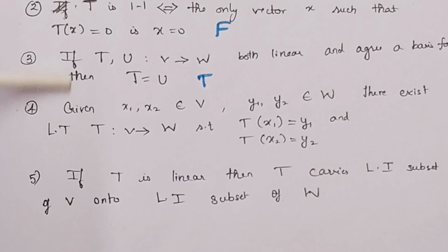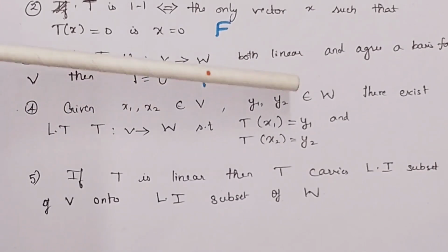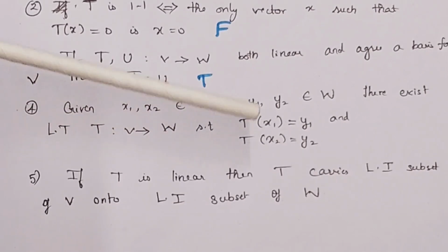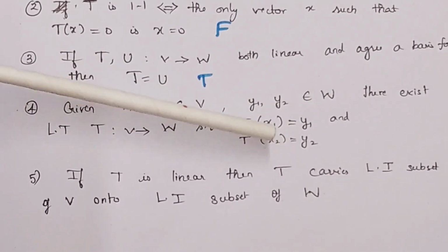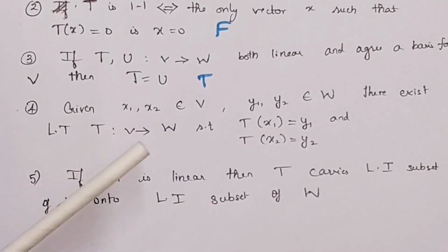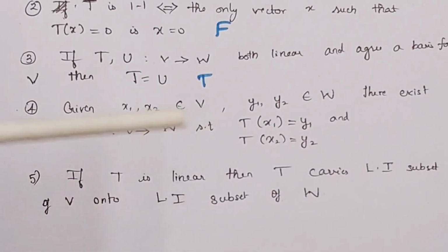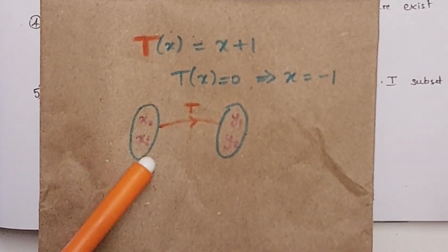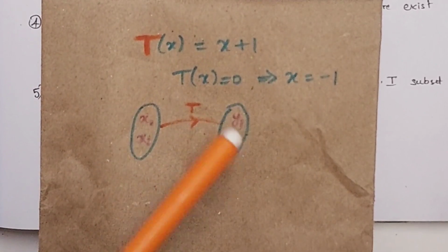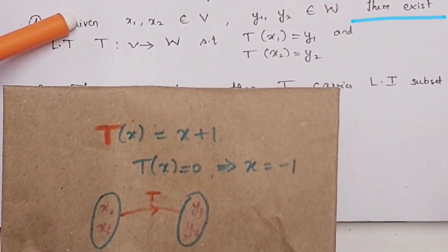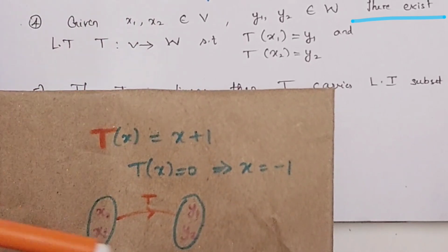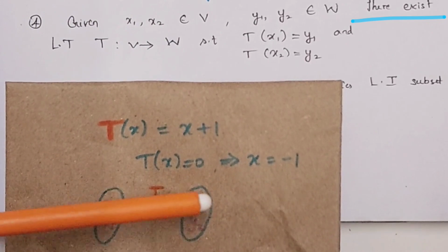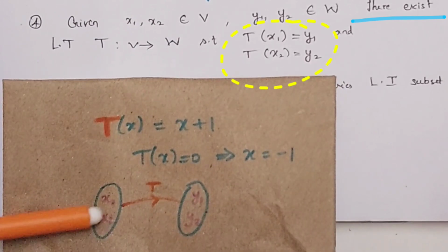Now the other question: given h1 and h2 belonging to V, and y1 and y2 belonging to W, there exists a linear transformation T from V to W such that T of h1 equals y1 and T of h2 equals y2.